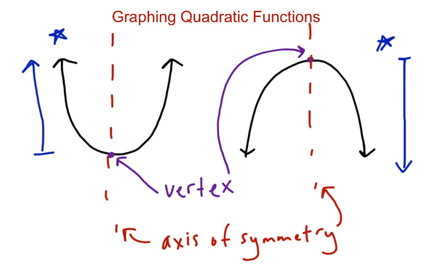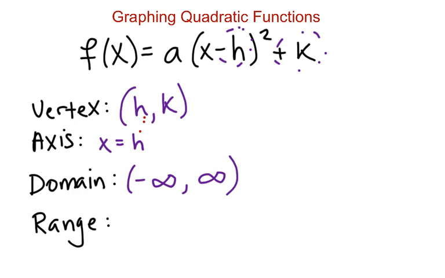The way we know if our graph is facing up or down is dependent upon our a value. If a is greater than 0, it means our graph is facing up, so the range would be k to infinity.